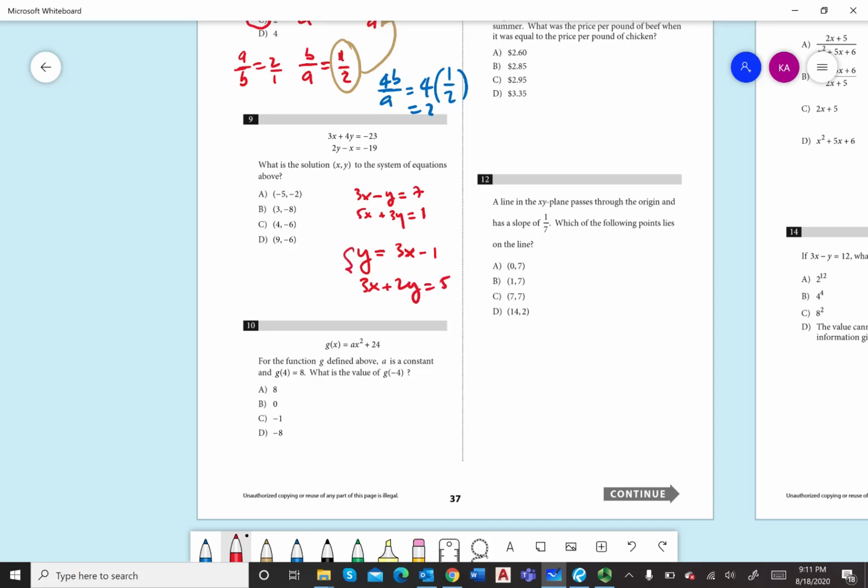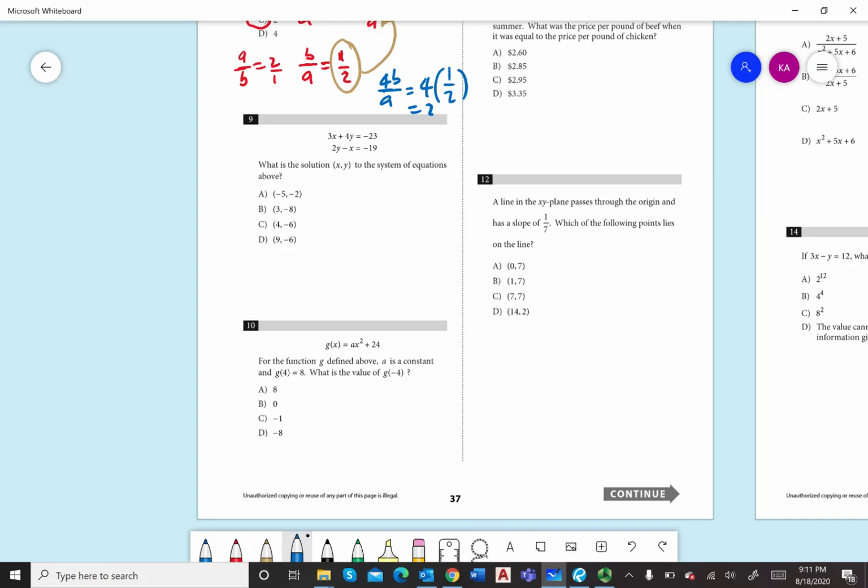So in this case, you want to use substitution. Okay, y is already given, and you can just plug that in here and you're pretty much done. Okay, so that's my trick on how to determine which method to use. Okay, so based on that, we know that we want to use elimination here.